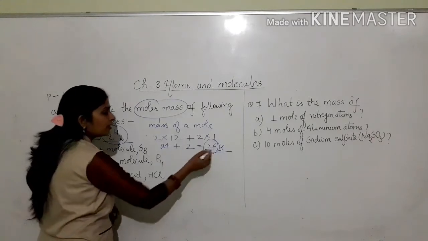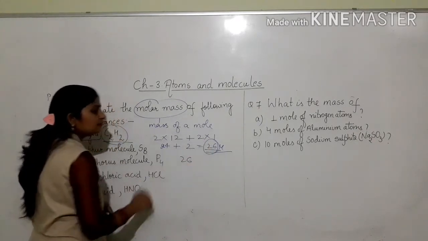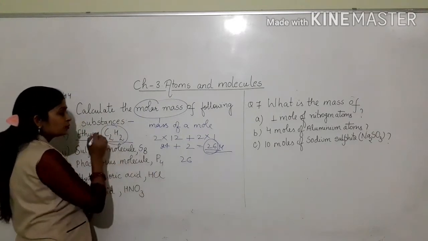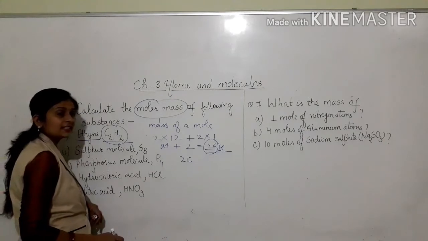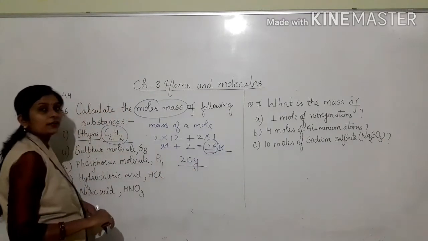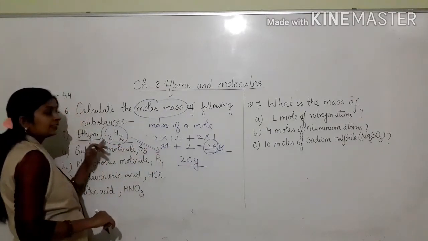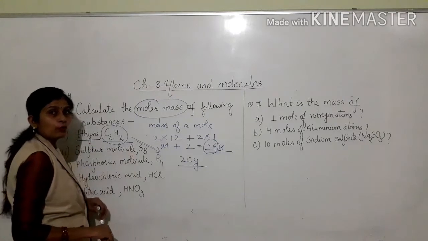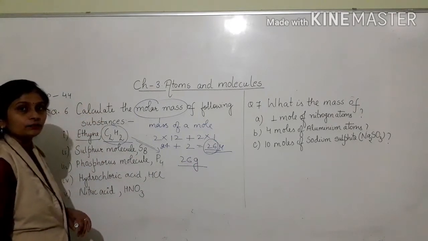So here molecular mass has numerical value 26, so its molar mass also has numerical value 26. But in place of U, we will write unit G. So what is the molar mass of ethine C2H2 molecules? It is 26 gram.